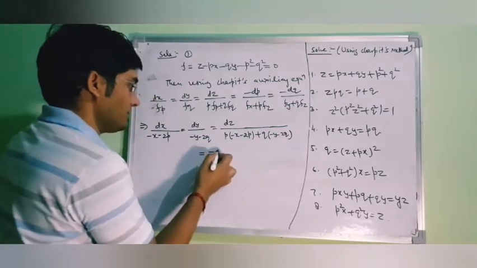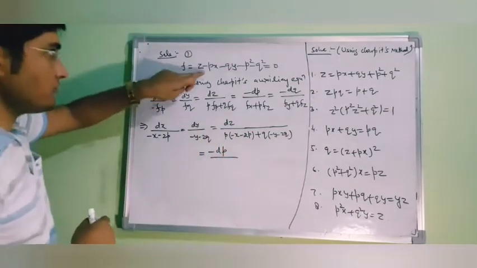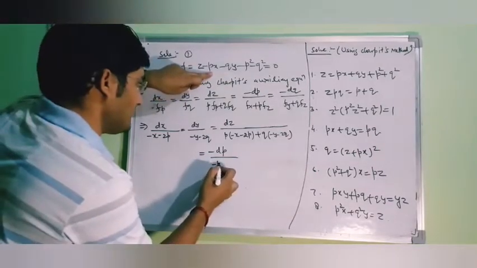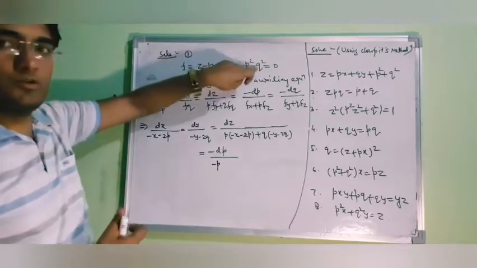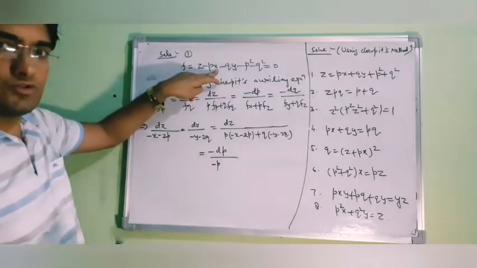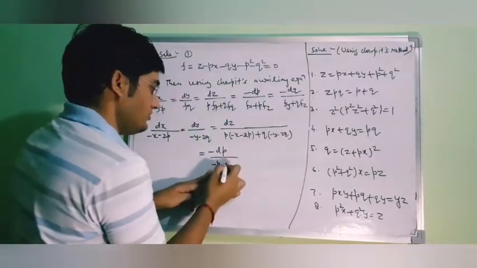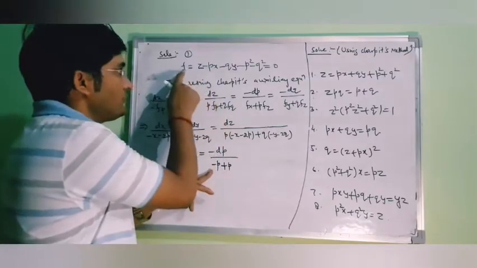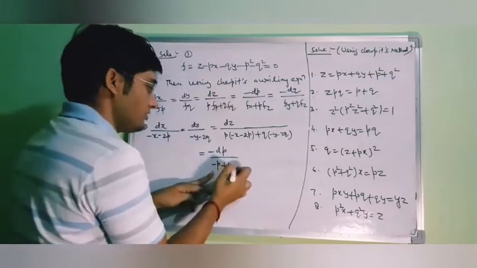Then we have minus dp upon fx. The partial derivative with respect to x will be minus p, and the rest will be 0 because we are differentiating partially with respect to x. Then we will have p into fz. The partial differentiation of this whole expression with respect to z will be 1, so this is your p.